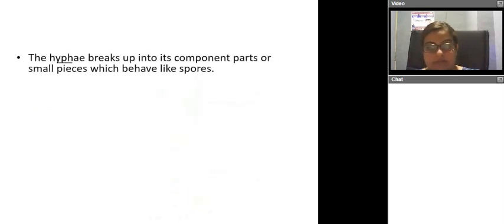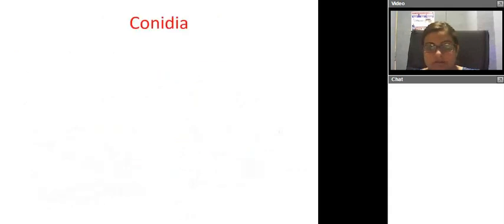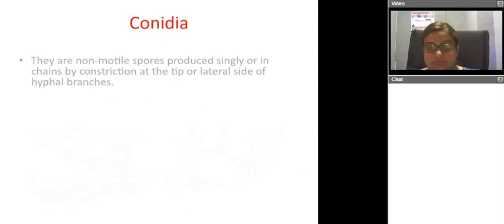The hyphae in this process break and their component parts behave like spores. These are the oidia. So, the breakdown of hyphae forms oidia. Conidia are non-motile spores.